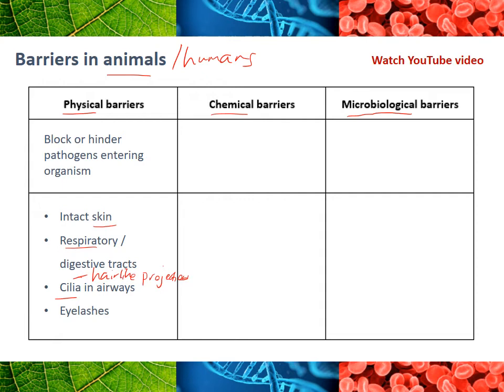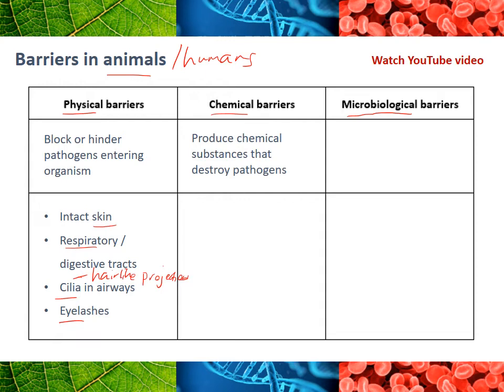And they're the things that, you know, if you're in a dusty environment and you sneeze, that's because the cilia have reacted to something in the air and you sneeze, and that is to try and get that pathogen out of your body. Okay, eyelashes are another example. Even all the small hairs on your body are to stop pathogens entering. Okay, so they're physical things, they physically stop pathogens getting into your body.